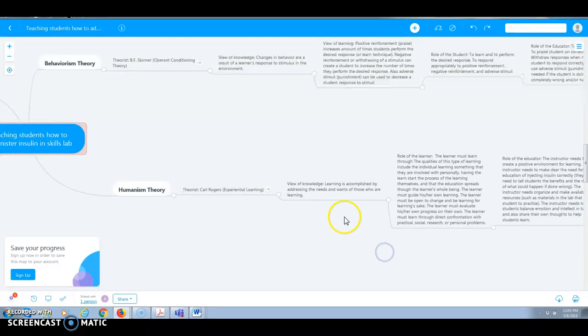So that this humanism, that theory of humanism, can be pushed through, right? The students will be able to have experiences and be involved in something that's active, actively learning that particular skill set.